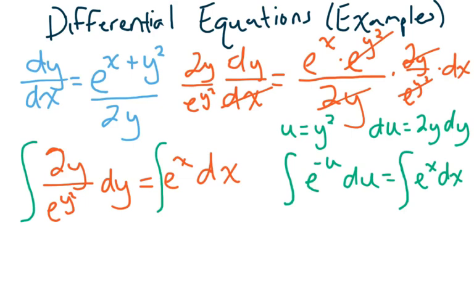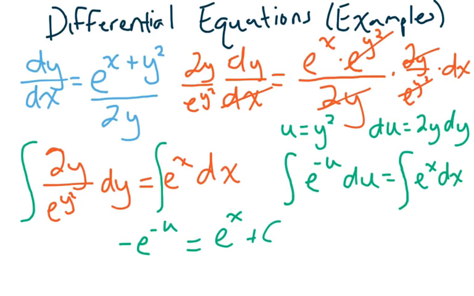Now we can look at this and we know that the antiderivative of e to the negative u is negative e to the negative u, because if we tried to take the derivative of e to the u, we would just get e to the u. If we tried to take the derivative of e to the negative u, we would get negative e to the negative u, so we have to add on another negative so that we get our sign correct. And then negative e to the negative u, and the right-hand side is really easy. That's e to the x plus c.